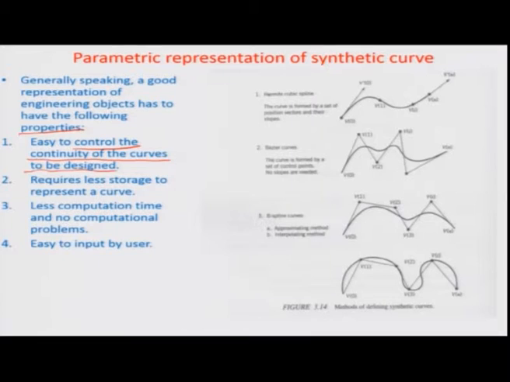We should typically require less computational effort and less computational space to plot a curve, whether it is storage to save data and so on, less computational time, very simple computations, no computational complexities or problems, and generally an easy to input functionality by the user.